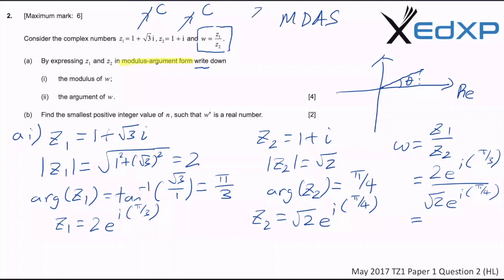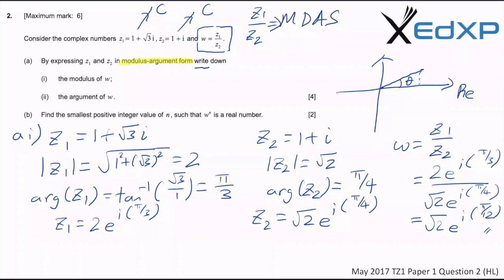For Z1 over Z2, we divide the modulus, and for the argument, we subtract. So we have root 2 e^(i ...) with 60 degrees minus 15 degrees. So that will be pi over 12.